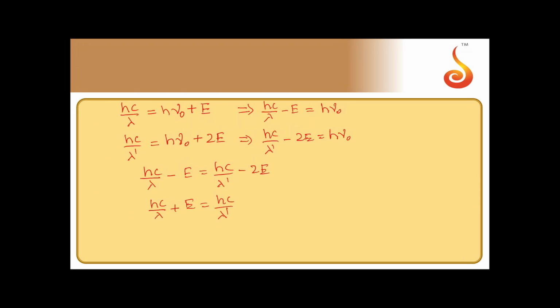So take the LCM here. hc plus E lambda divided by lambda is equal to hc by lambda dash. So this implies lambda dash is equal to hc lambda divided by E lambda plus hc.